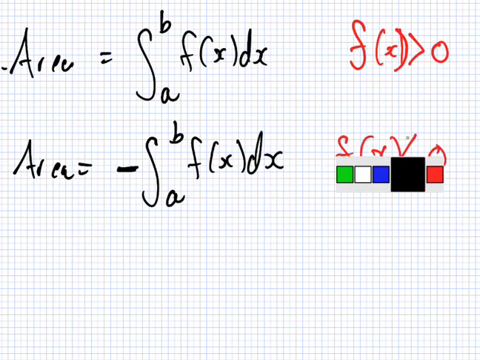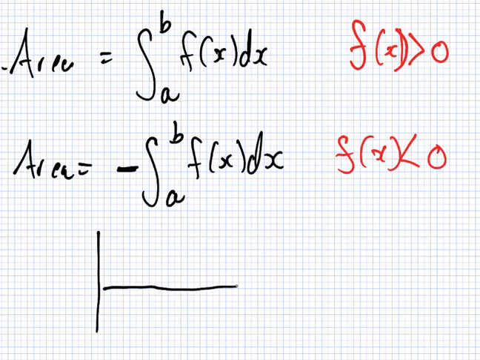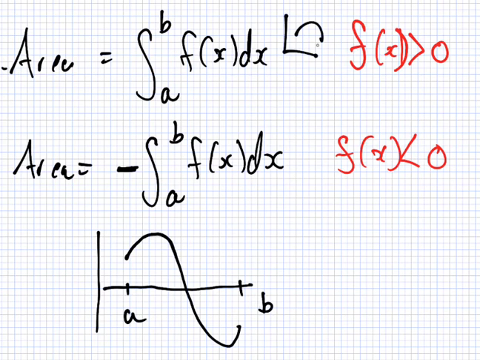Now, there is one situation then that it gets complicated, and that's this situation, where it starts off as positive, but then changes to negative before the end. This is a special case which we'll look at separately. For the moment, we have this one for when it's above, and then this one here for when it's below.